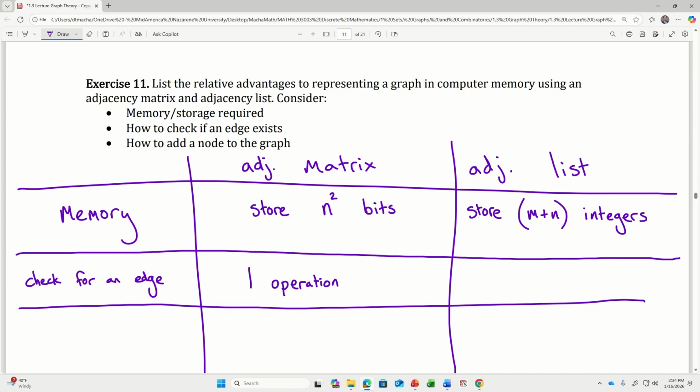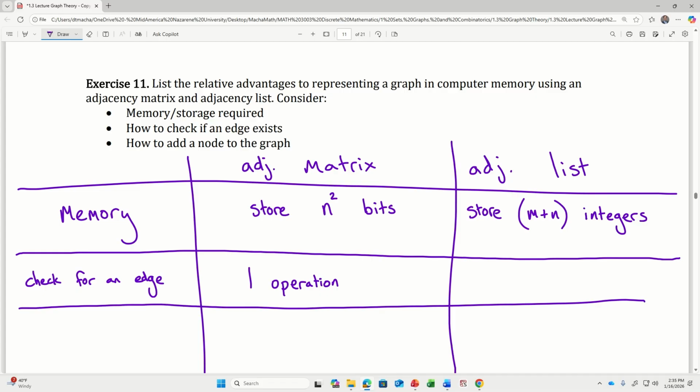What if I'm using an adjacency list? Well, I can look up the position in the E list from my N list, where to look. And then once I get to my E list, I have to check. Is that Carter's number? No. Is the next one Carter's number? No. Is the next one Carter's number? No. Is the next one Carter's number?